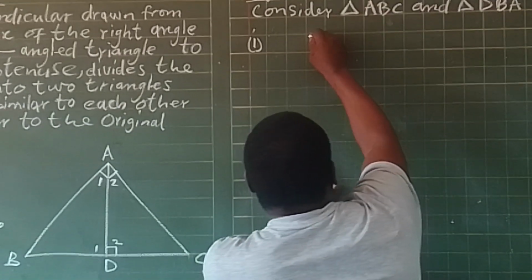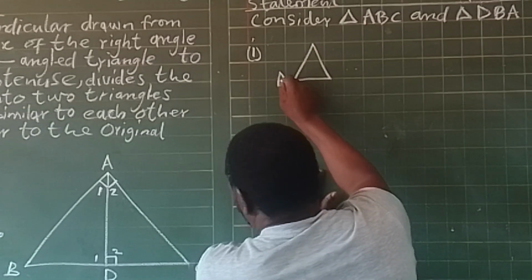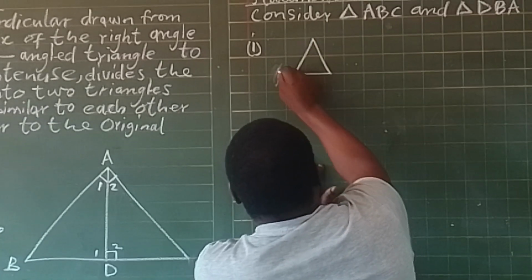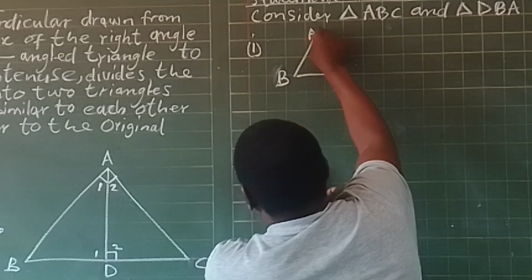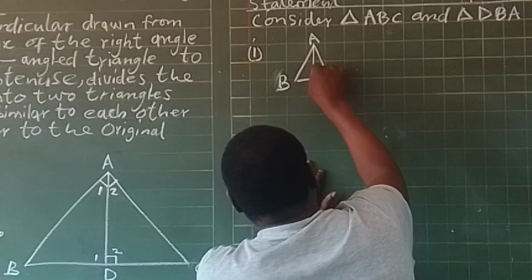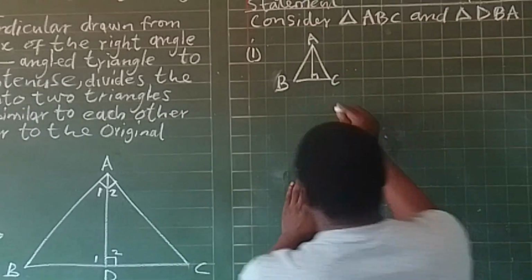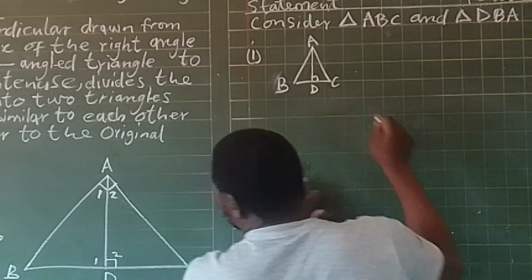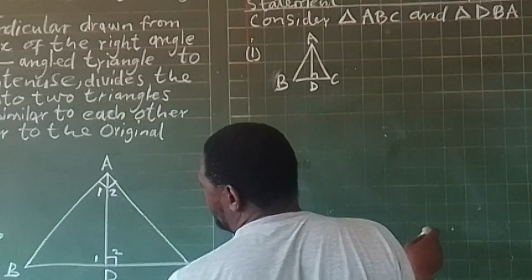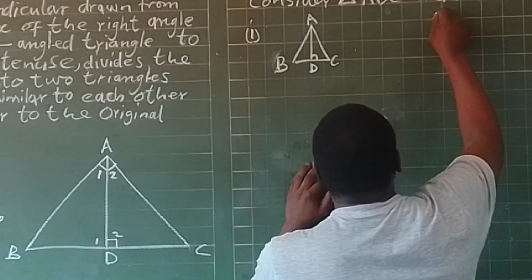We are talking about triangle ABC and triangle DBA.